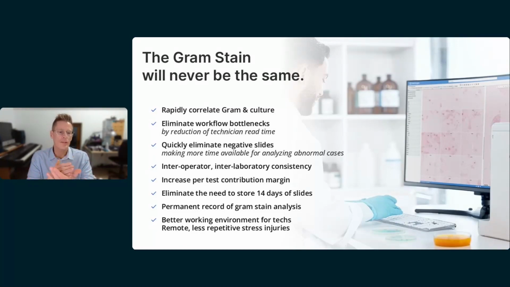It allows you to quickly screen through the negative slides, which is important for the technicians, because as you remove the part of their job that they're used to, which is spending all their time looking for stuff, you give them more time to concentrate on analyzing the cases, especially the abnormal or interesting ones. You remove, or you at least reduce, the inter and intra-operator abnormalities or inconsistencies, and you increase the per test contribution margin.